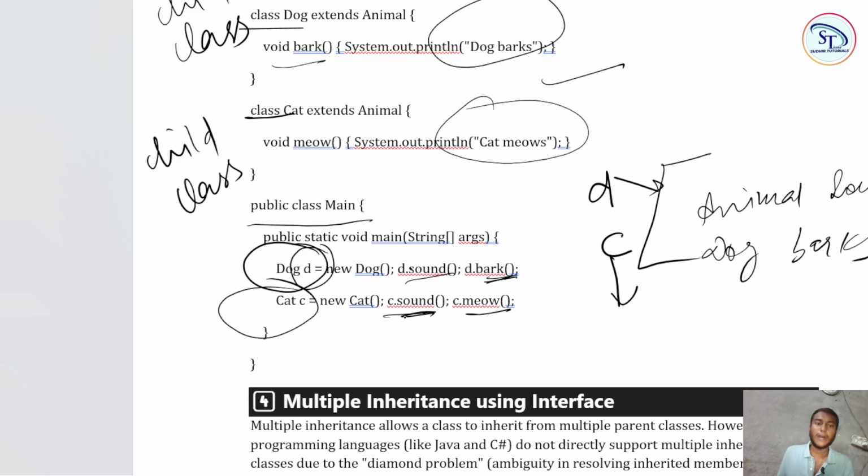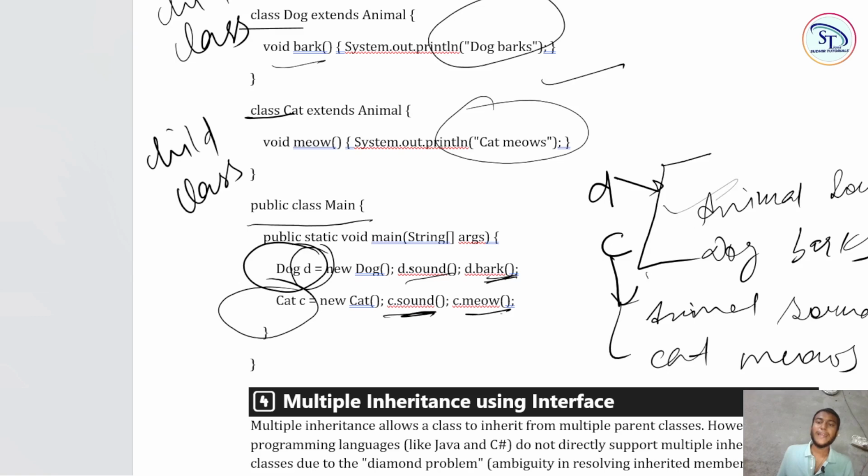So this sound is going to print what? Animal sound, and this mew is going to print cat mews, right? So our final output will be animal sound dog barks and animal sound cat mews.